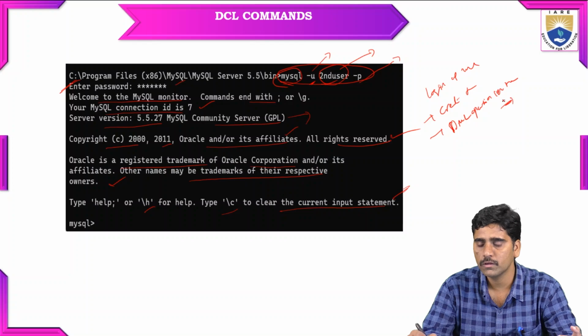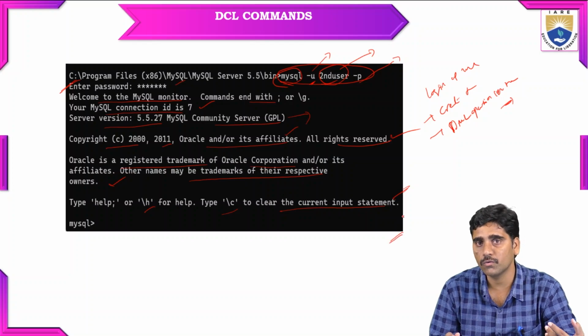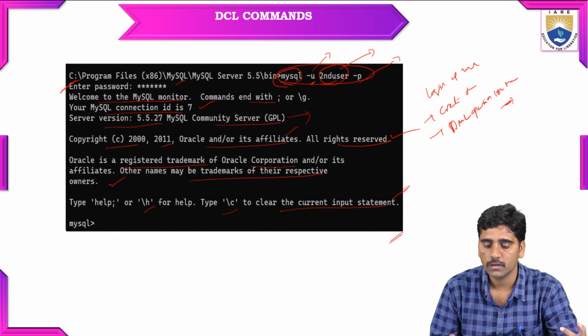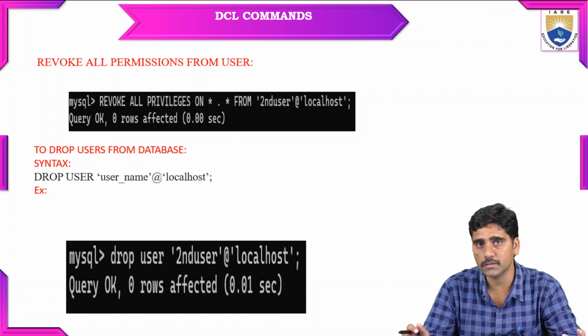So this is how to log in as a user, how we give permissions to a particular user, and how that user accesses the server. Once again we will revise the topics discussed in this session, but before that, let us see how to revoke permissions.